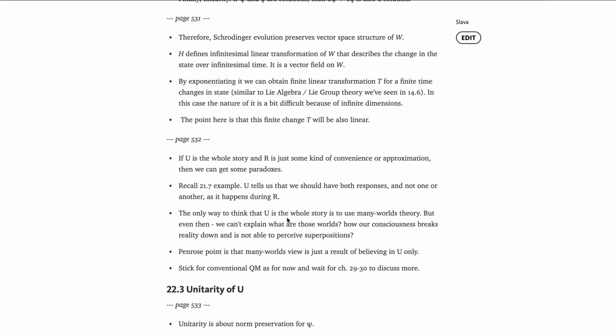But it seems to lend itself to this many worlds idea if you consider the detector as a quantum object as well, so that rather than measuring a single value, there's a probability of measuring any particular value, and that probability could be zero or very small. If you envision the detector as a quantum system, it really lends itself to the idea that U is the whole story.